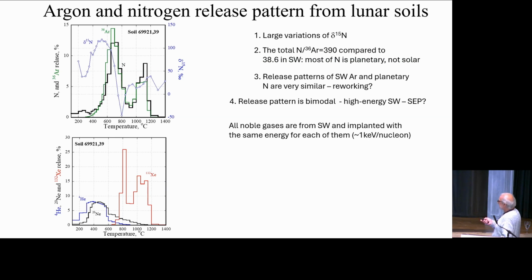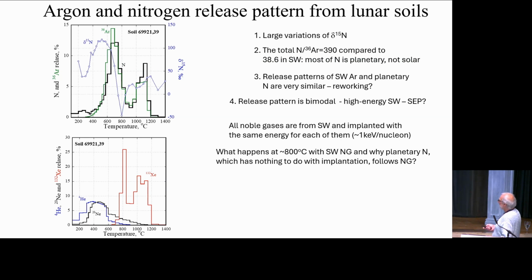So what we can suggest is that something happened at about 800. Since by 800, light noble gases are completely released, nothing happened to them. But it has only happened to the gases which are released at high temperature.